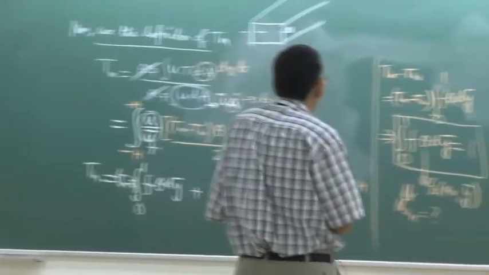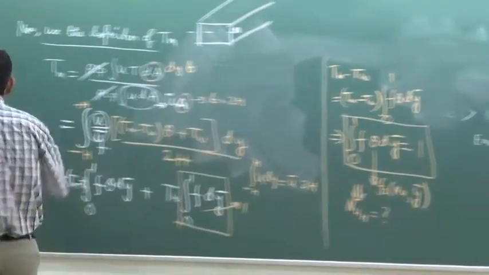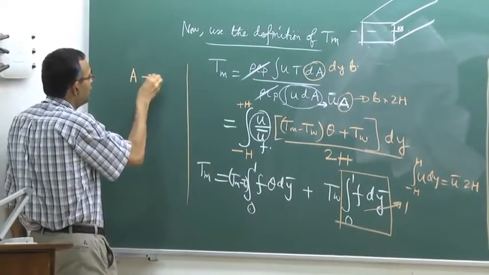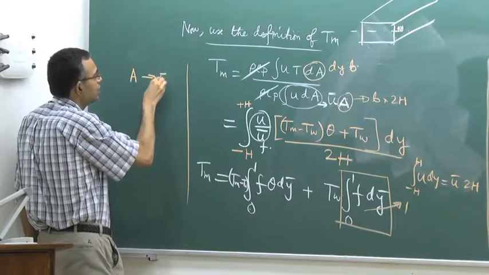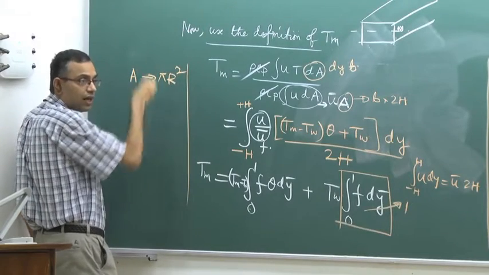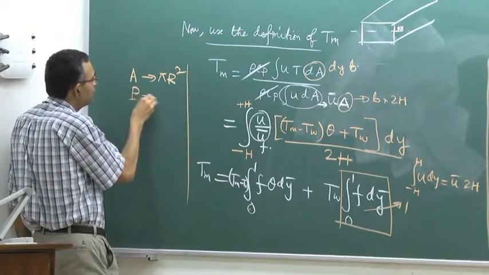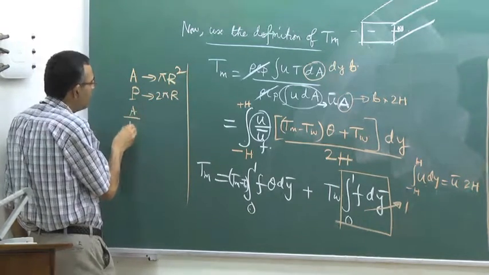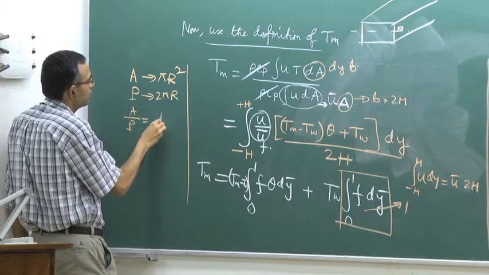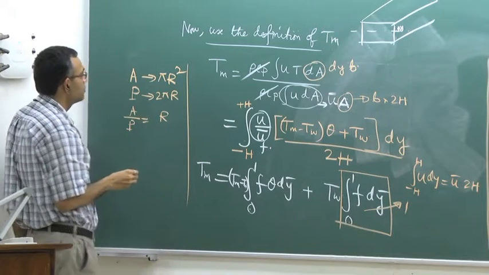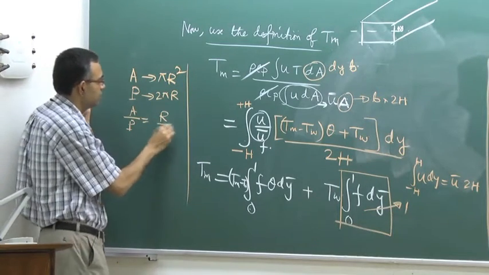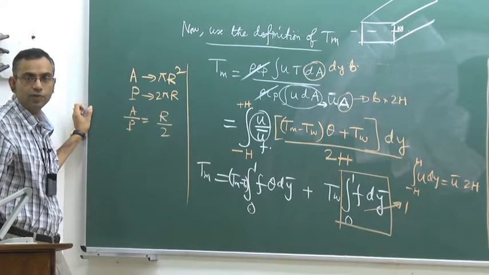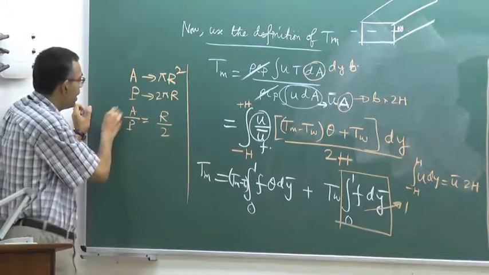So for a circular pipe, what is the physical diameter? Let us do it here. What is the area? Area is pi r square. What is the perimeter? 2 pi r. So what is area by perimeter? How can you get diameter from here? Multiply by 4.